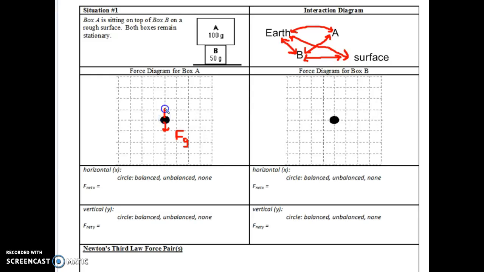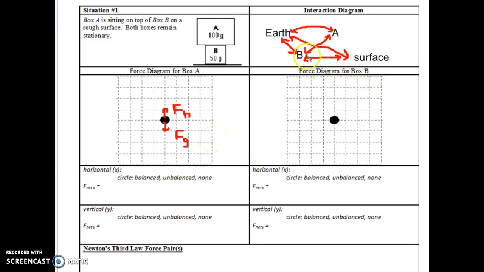I'm going to have an arrow that's one up with a normal force because object A is touching object B. So I'm going to have a normal force on object A by object B. And that's all the forces that I have right now on object A.